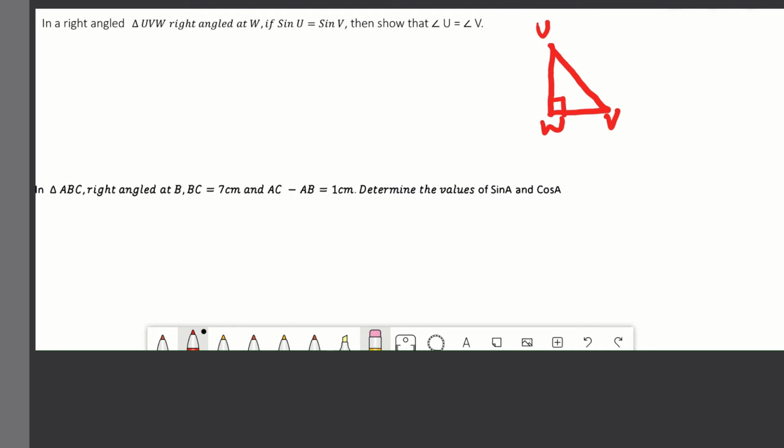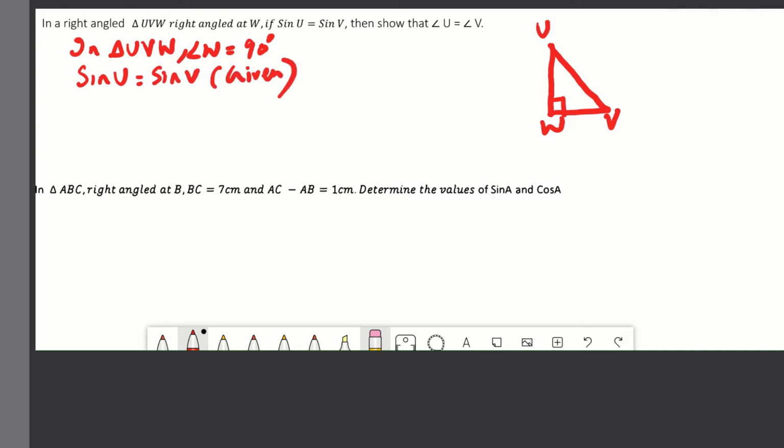So what we can write here is in triangle UVW, angle W is equal to 90 degree and the given condition is sine U equal to sine V. Now, what is sine U according to the triangle? Sine U is opposite by hypotenuse.